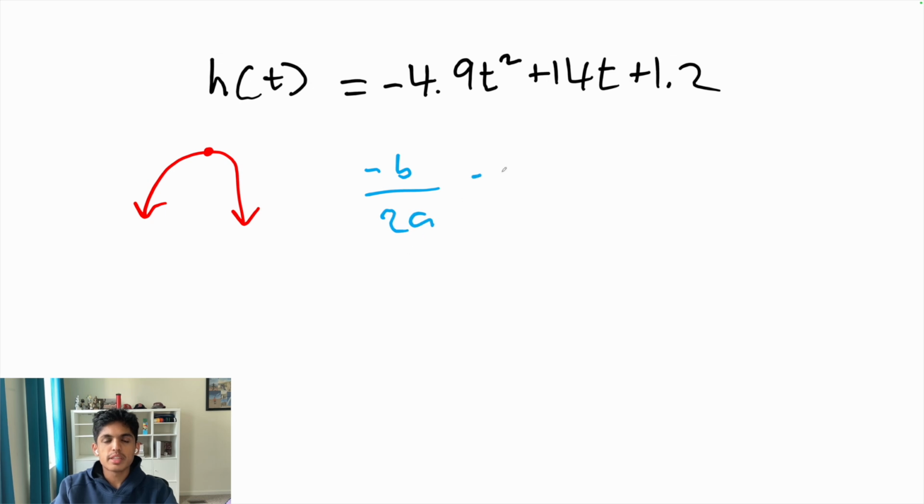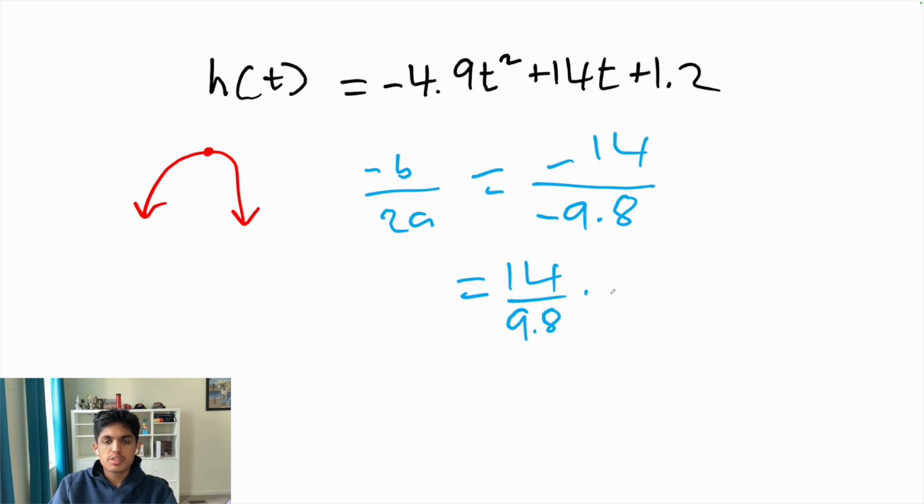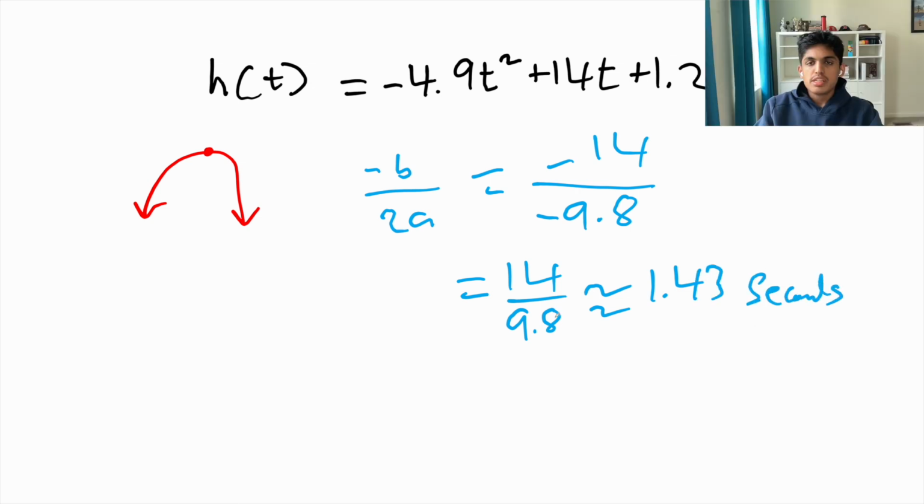And so here, that equals negative 14 over negative 9.8. This simplifies to 14 over 9.8, which is roughly 1.43 seconds. So now we know that the maximum height of the soccer ball occurs at 1.43 seconds.